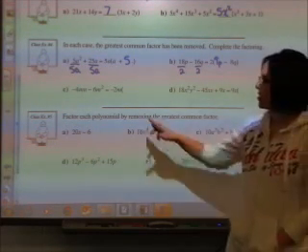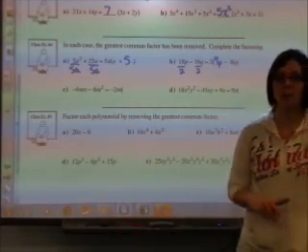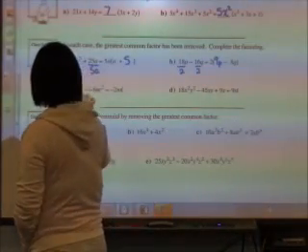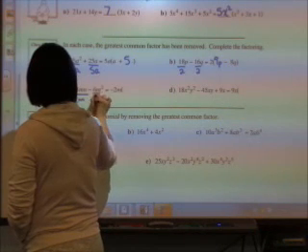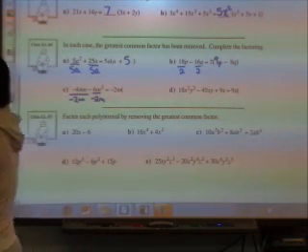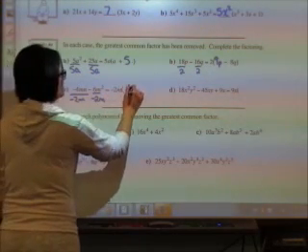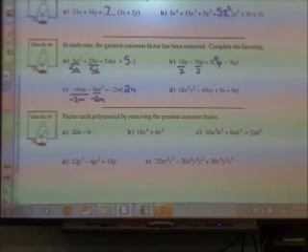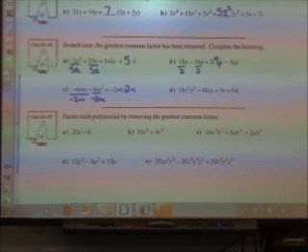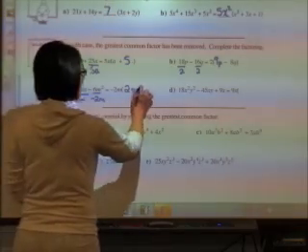In C, we factored out a negative 2m. So it means dividing each term by negative 2m. So negative 4n divided by negative 2m? 2n. And then negative 6m squared divided by negative 2m. 3m.